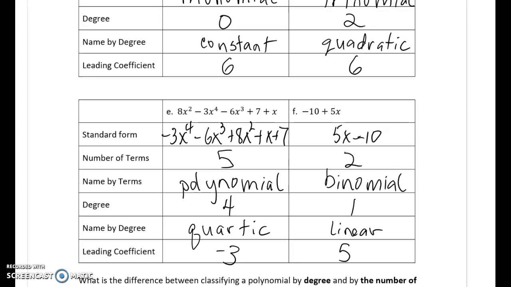All right, parts E and F. With problems like E, you want to take all those terms and write them in standard form, making sure it goes from the biggest exponent to the smallest, in this case a constant. Remember, when you're rearranging, make sure you take the signs along with the terms.